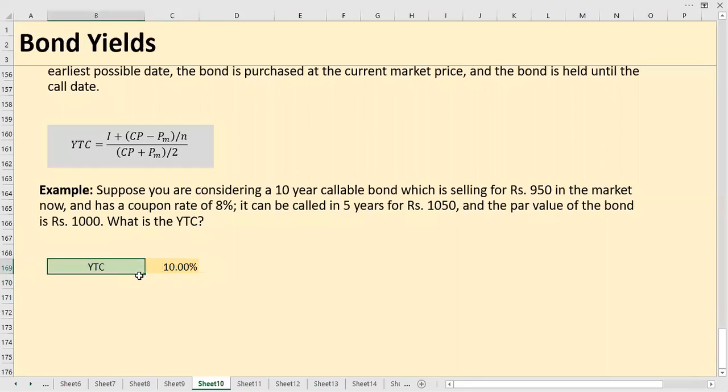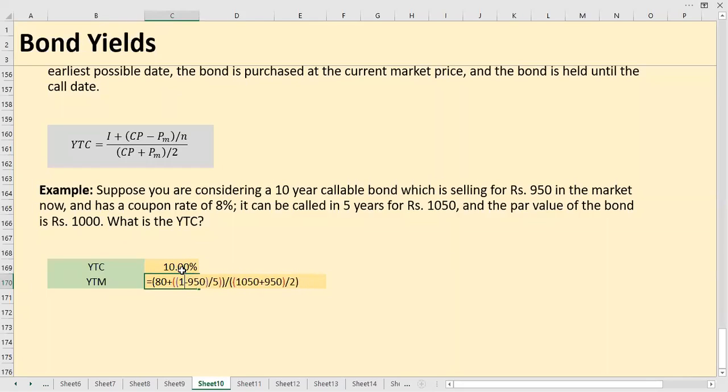If you want to calculate the yield to maturity of this particular bond also, the only thing is it is 80 rupees, but instead of the call price you are getting M. So not 1050, you are getting 1000.